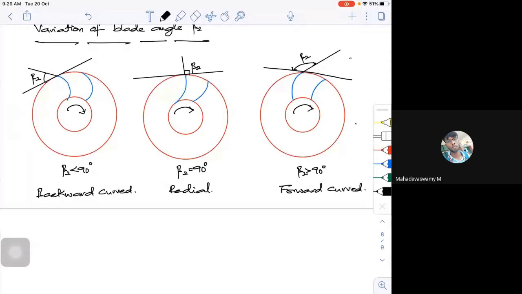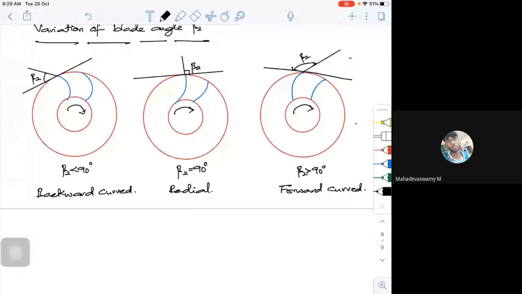One is beta 2 less than 90, which is called backward curved vane. When beta 2 is exactly perpendicular at the exit condition, it is called radial vanes or radial curved vanes, and when it is curved in the same direction of the rotation, we call that forward curved vane.